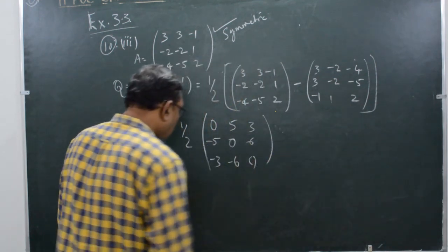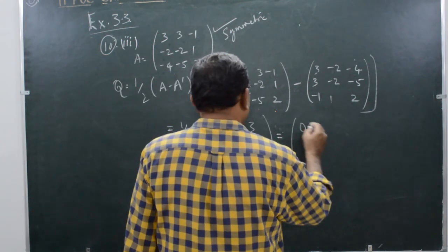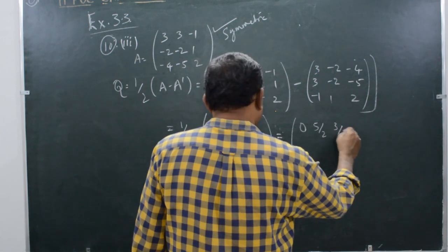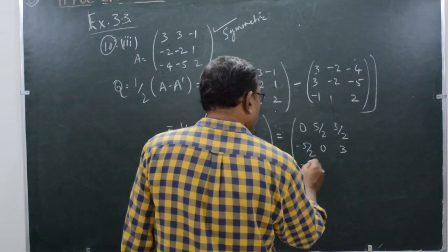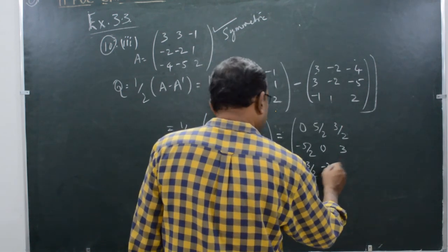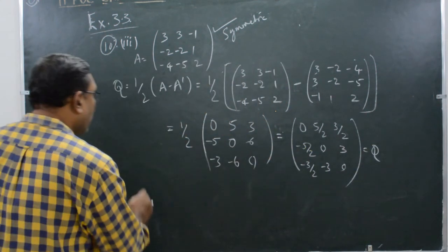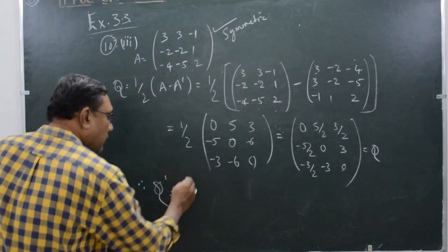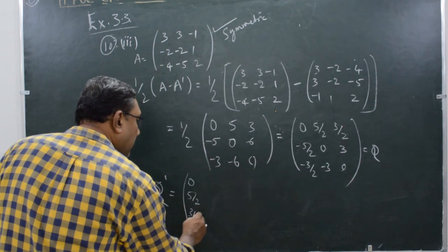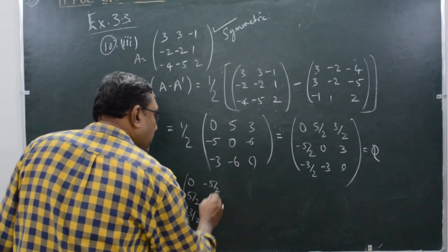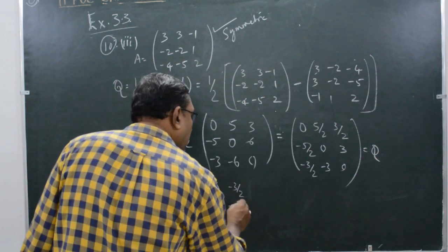So, let us take half inside, we get [0, 5/2, 3/2; -5/2, 0, 3; -3/2, -3, 0]. This is my Q. Therefore, Q transpose will be, writing the transpose, [0, -5/2, -3/2; 5/2, 0, -3; 3/2, 3, 0].